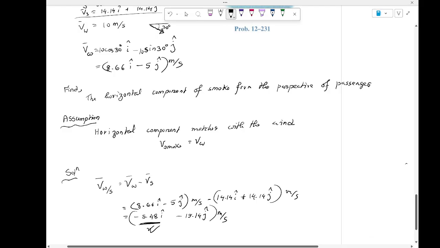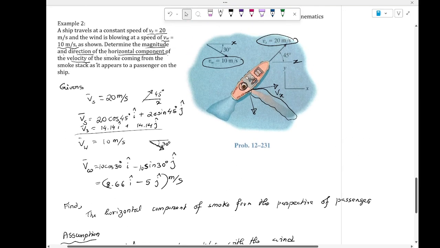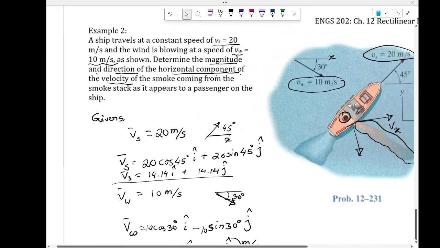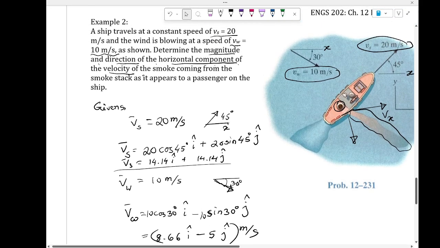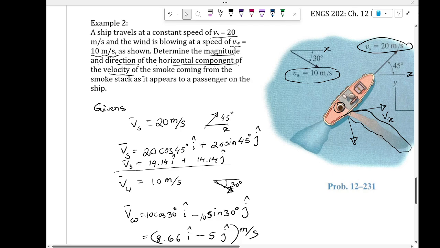Yes, tell me. I'm just wondering what made you choose the VW over the VS first? So here the question is asking for the velocity of the smoke coming from the smoke stack as it appears to the passenger on the ship. The smoke, when it comes out, has a relative speed with the wind, because it's not a material itself. That's the reason.